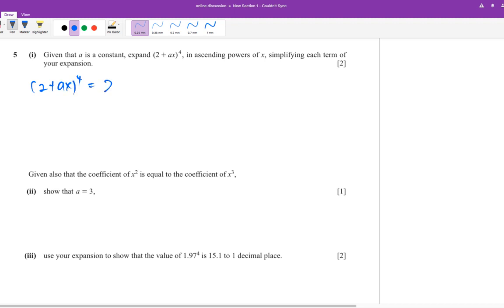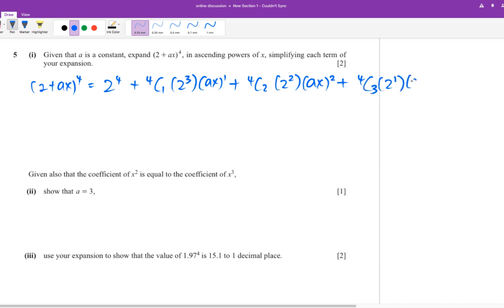The first one is 2 to the power of 4, plus 4C1 times 2 to the power of 3 times (ax) to the power of 1, plus 4C2 times 2 squared times (ax) squared, plus 4C3 times 2 to the power of 1 times (ax) cubed, plus the last one, 4C4, which is 2 to the power of 0 and (ax) to the power of 4.